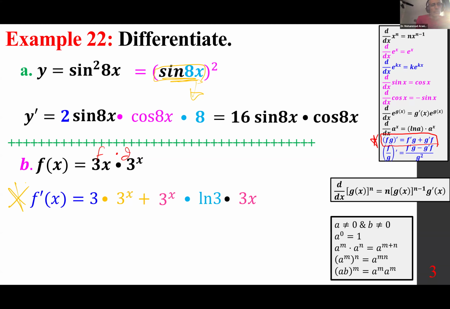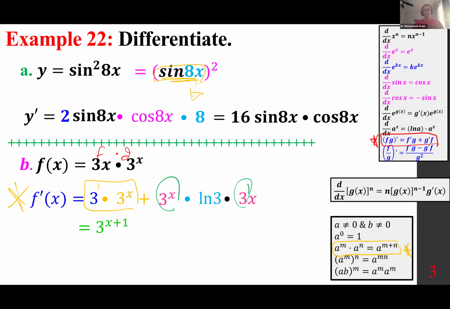To do so, I'm going to put a 1 here so you can see that according to the product rule for the exponentials, this is 3 to the power of 1 plus x, or x plus 1. Same thing for this one.